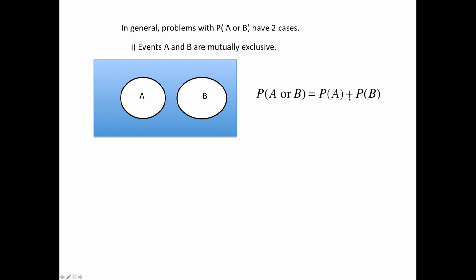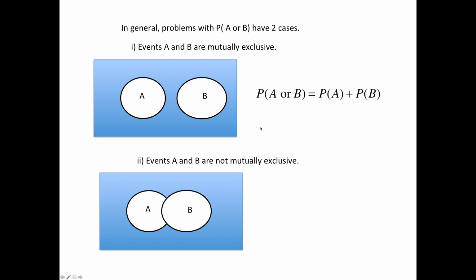The or turns to addition. If they're not mutually exclusive, there is the chance for overlap, like with the queens and the red cards. Then you do add the two fractions together, probability of A and probability of B, but then those that were both A's and B's, in other words, this overlap over here, they got double counted, so you need to subtract that part.